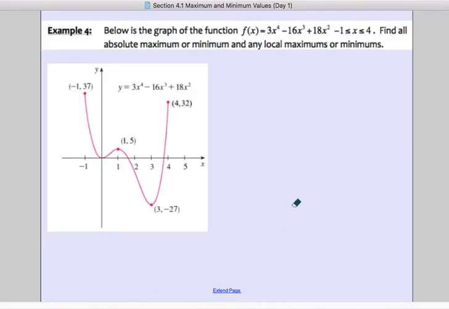All right, example 4. Below is the graph, and it is sketched here from -1 to 4. They're saying there are closed points on the end, so we have endpoints. Remember, endpoints cannot be local maxes and mins, but it says find all absolute maximums or minimums and any local maximums or minimums. So let's start out with the absolute max.